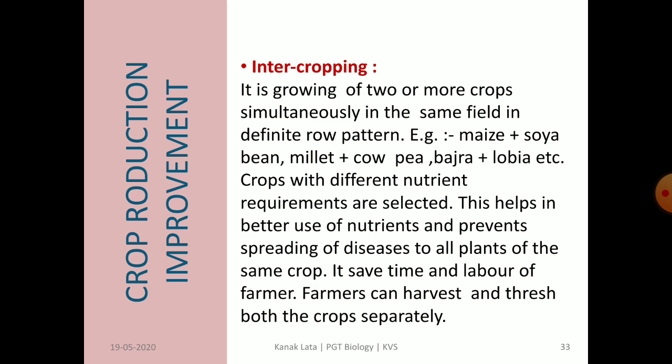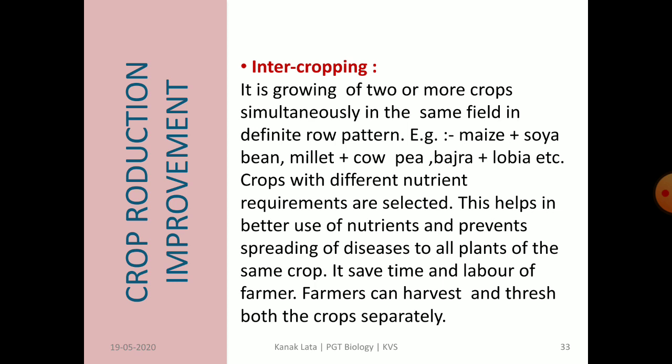In intercropping, crop with different nutrient requirement are selected for better use of nutrients and also prevents spreading of diseases to all plants of the same crop.